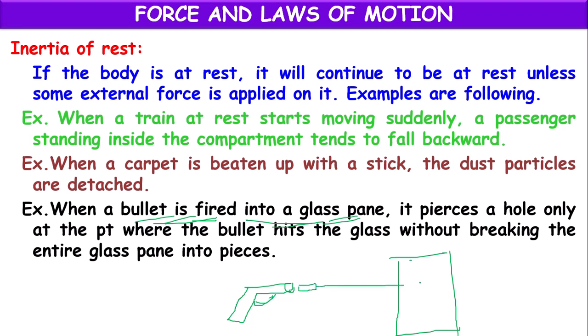What it will do is make a hole in the glass pane, pierce through the hole and go to the other side without breaking the entire glass pane into pieces. Only in that part it will make a hole and penetrate through the glass pane. So these are all examples of inertia of rest.